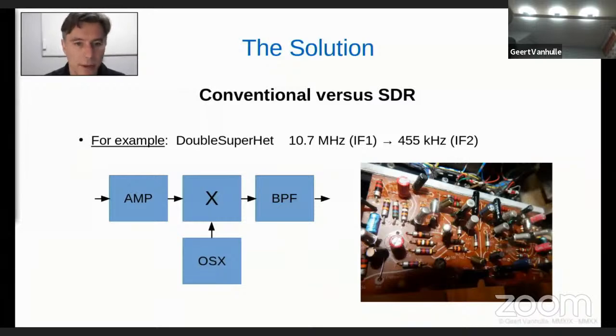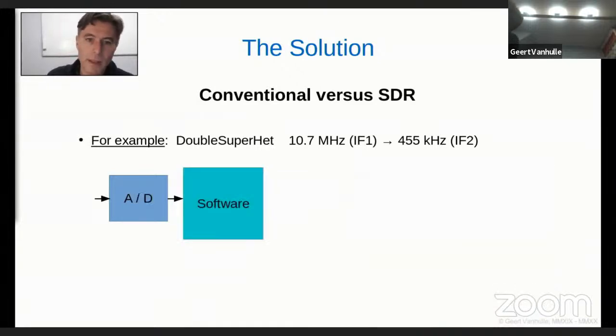If anybody has done this practically, you know that getting, for example, a constant propagation delay is not easy when designing a circuit like this. Now look at the transposed circuit in software-defined radio. We digitize the signal, going from analog to digital, and then we process it in software.